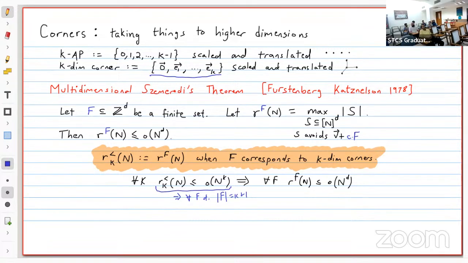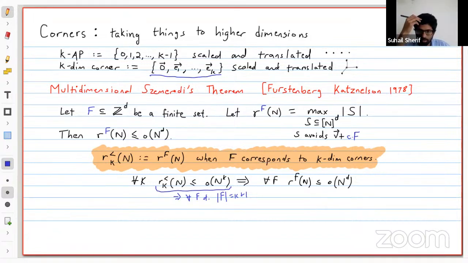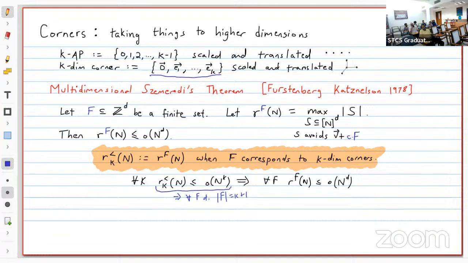No, but what is the relation? His question still stands. I guess Pavel's question is like, suppose you are working in an ambient dimension of d. The corners you are trying to avoid, are they also d-dimensional corners, or are you trying to avoid a smaller dimensional corner where k is smaller? I see what you mean. No, so when we talk about corner-free sets, our ambient dimension is always the same as the k here.